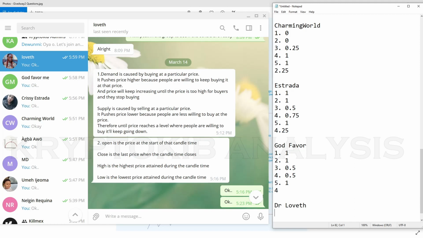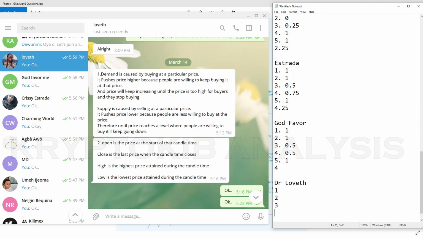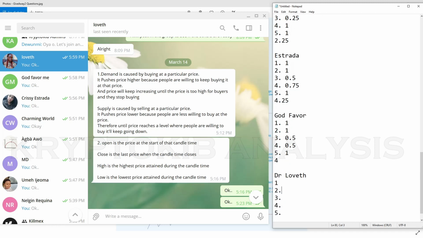So the first one. Demand is caused by buying at that particular price, okay? It pushes price higher because people are willing to keep buying, right? Supply is caused by selling, people are less willing to buy at that price.